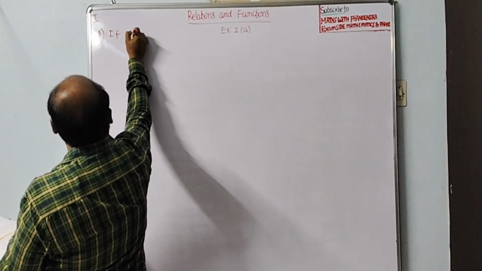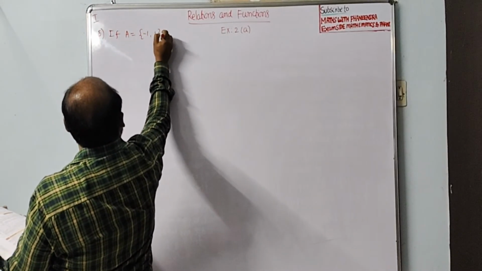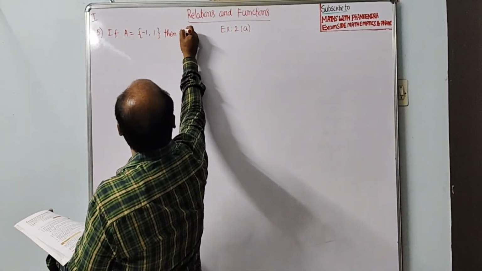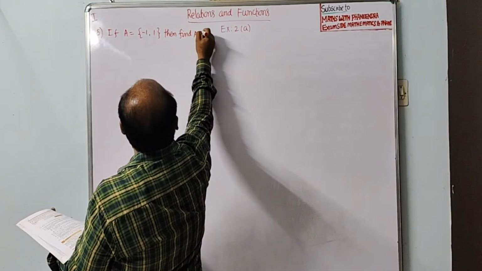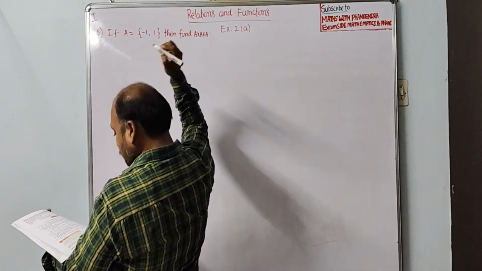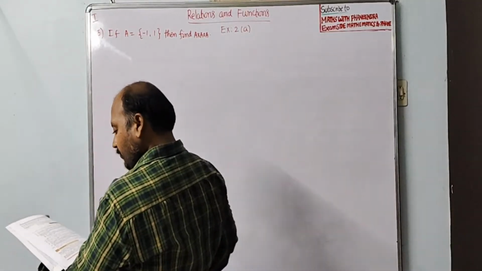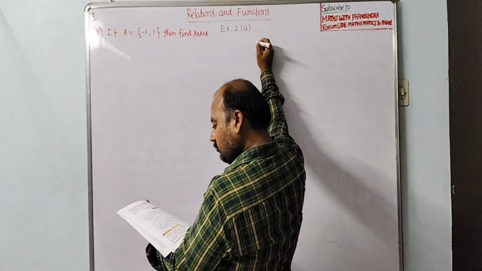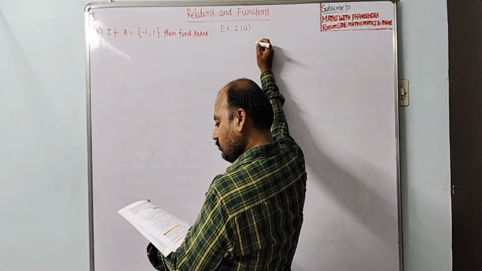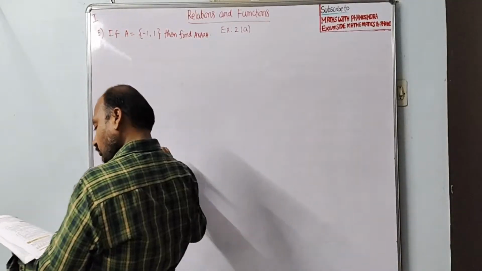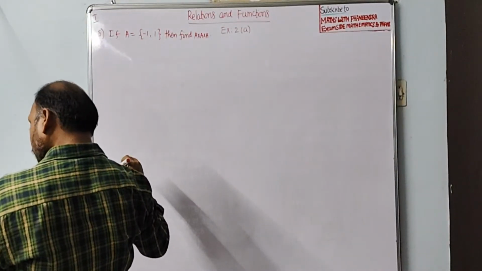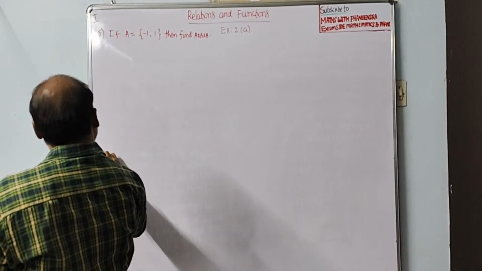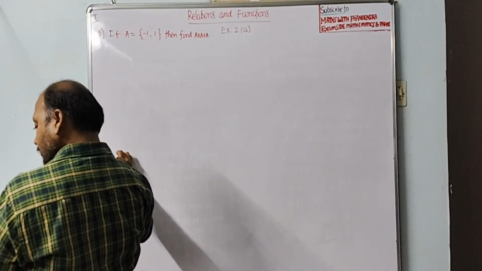If A equal to {-1, 1}, find A cross A cross A. Question number 6.